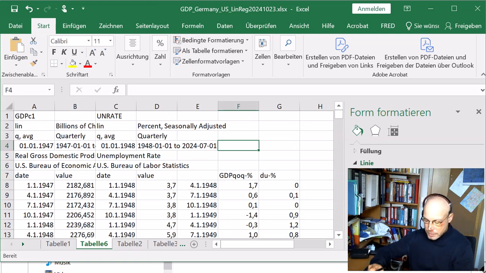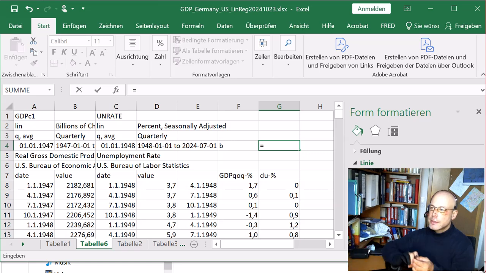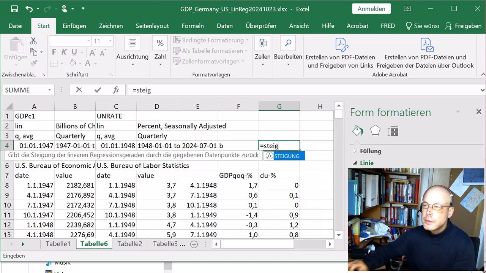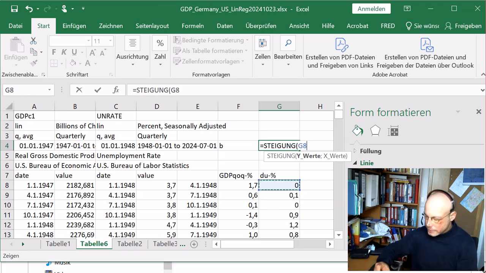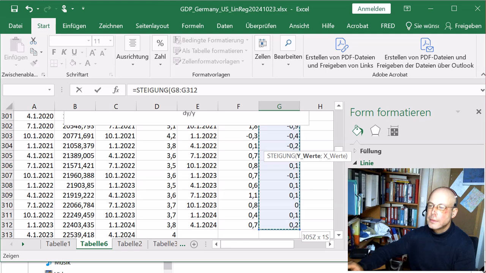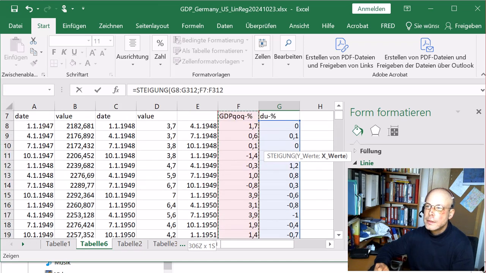So B, this is the slope, and we had y, or the vertical axis, as our unemployment data, and the other one our growth rates.